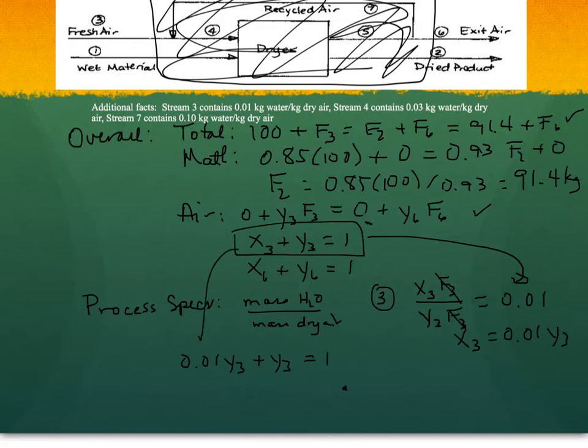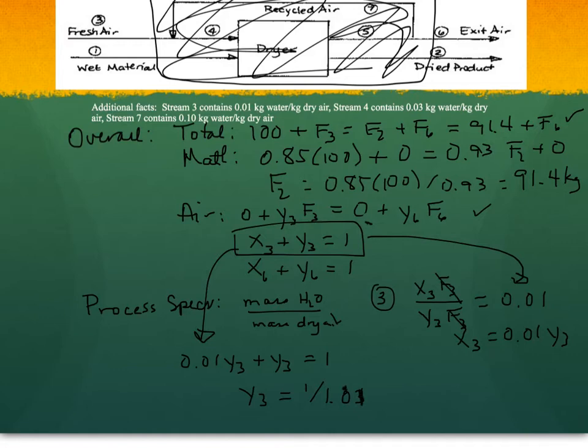This equation becomes this. So y3 is 1 over 1.01.